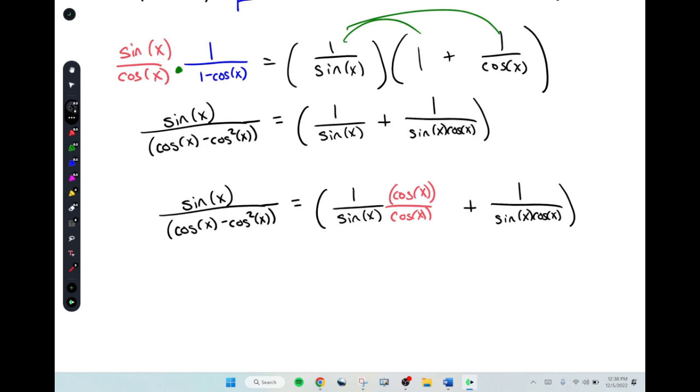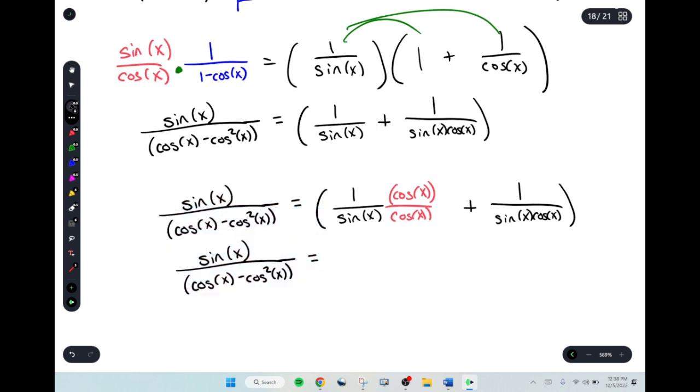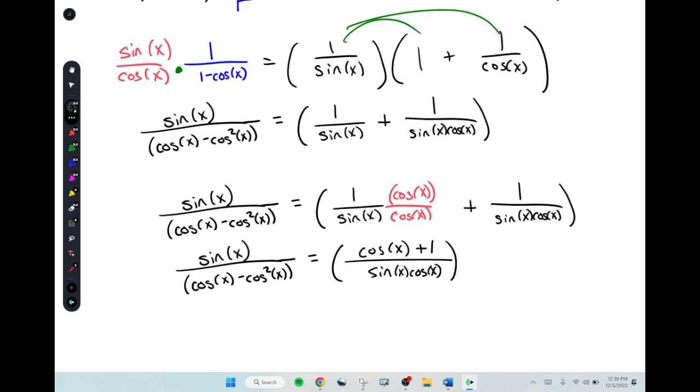We end up with all the same stuff, but we get cosine of x plus 1 over sine cosine. That didn't really help us.